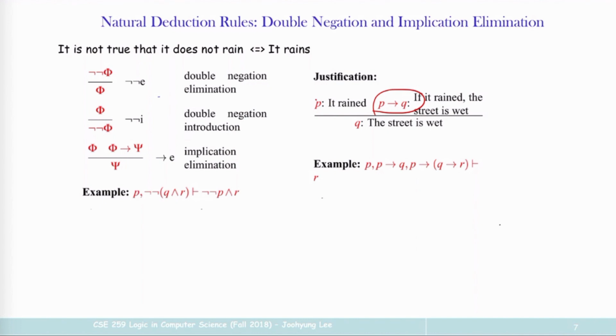What is a good example to use? If I bite a dog, the dog will be dead. Okay? This sentence itself has no meaning. I didn't bite any dog, right?